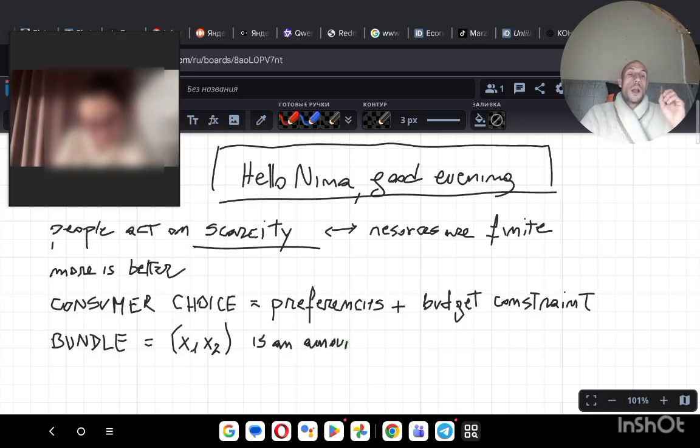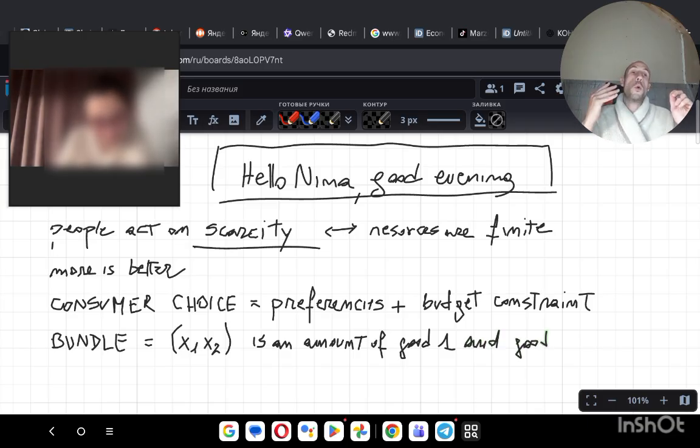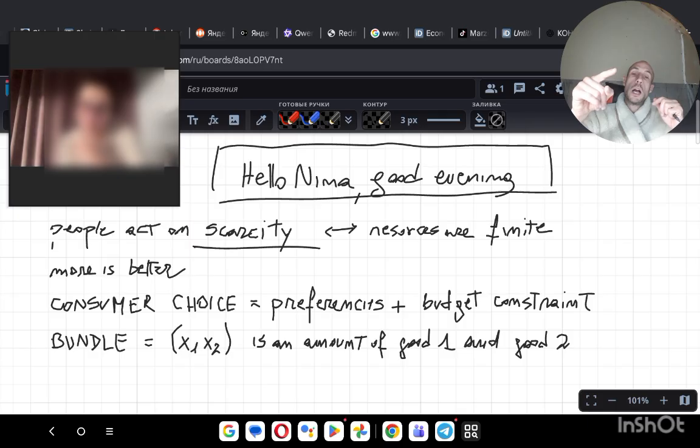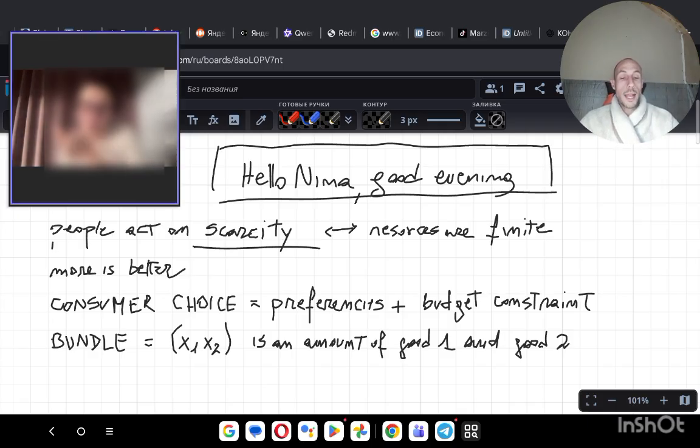We are going to use this 2 goods scenario for everything: for goods, for preferences, for utility, for budget constraint, for income, for time constraint, when you can save money now to get something better in your pension retirement scheme, or vice versa. Take a loan now to pay less interest later. So we are starting today with this, and we will need it everywhere.